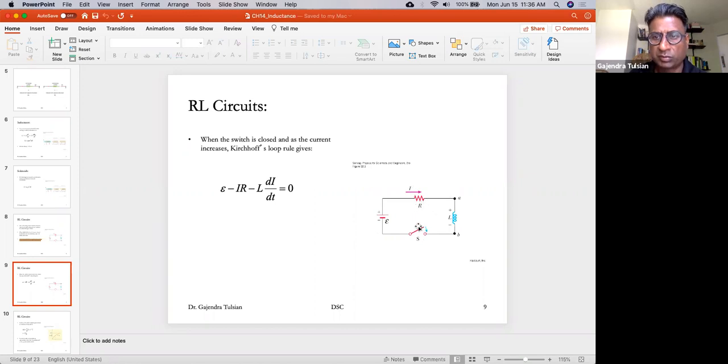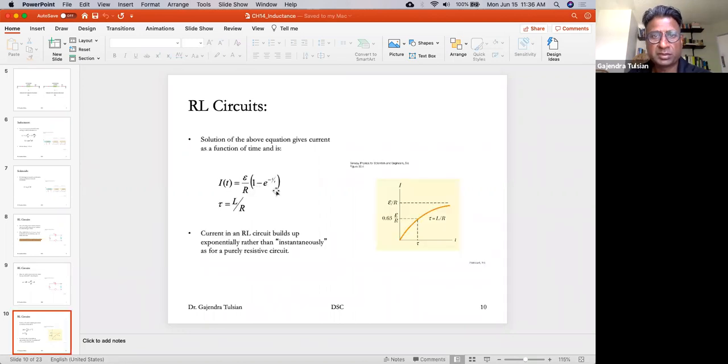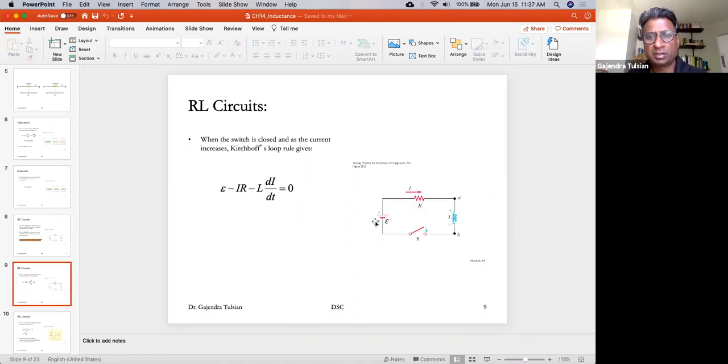So what we did was we modeled the behavior of this system by this differential equation. This is a first order linear differential equation. Okay, and the solution to this differential equation is that. So that gives you the current as a function of time in this circuit.